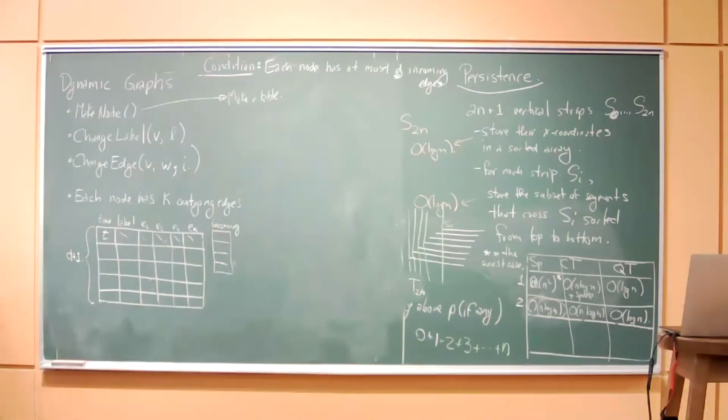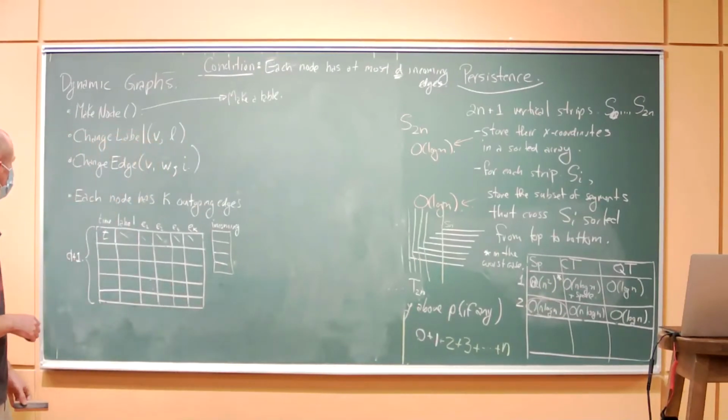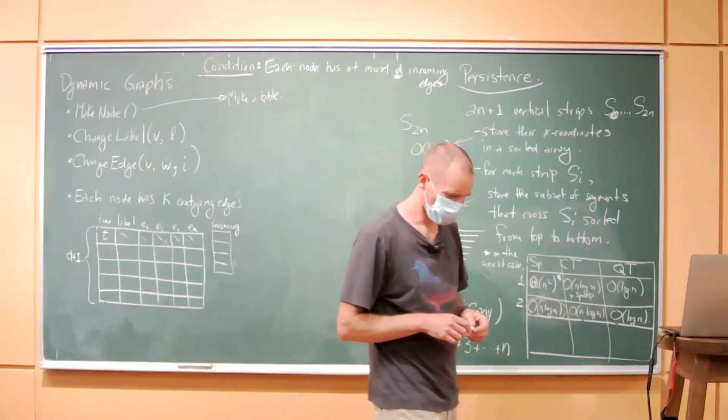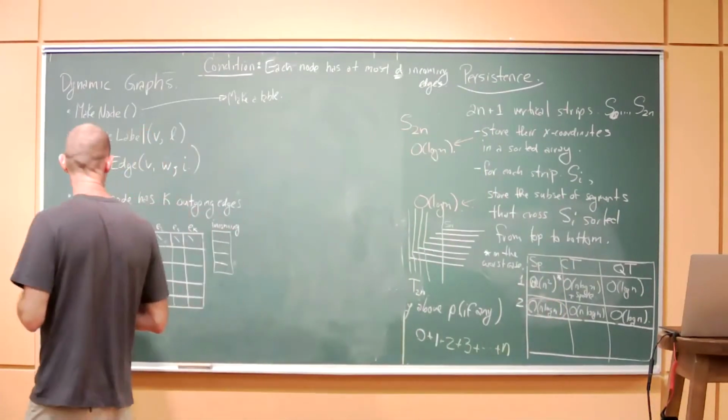If you ask me about it for any time value bigger than or equal to t, I can tell you this is what it looked like. That's easy. Okay, how about change edge? I think that's kind of easy.